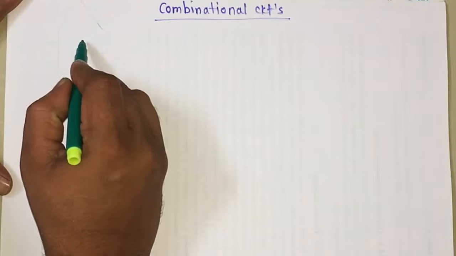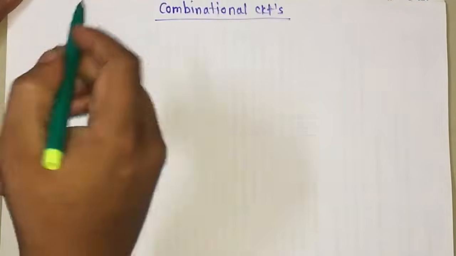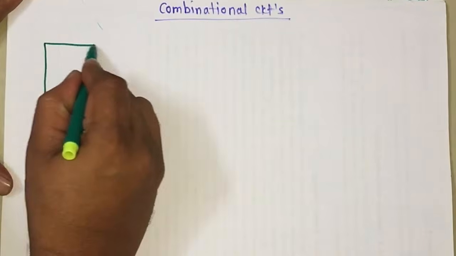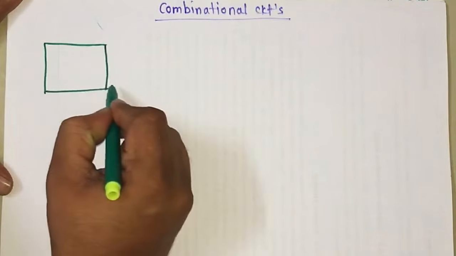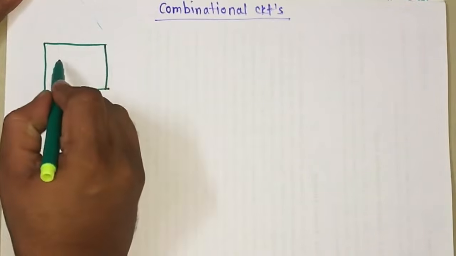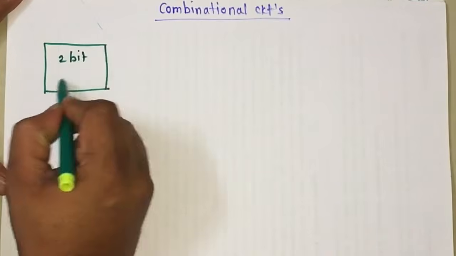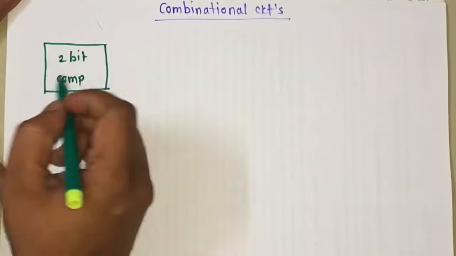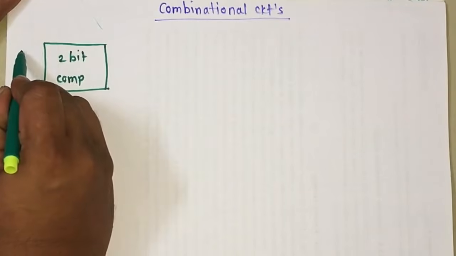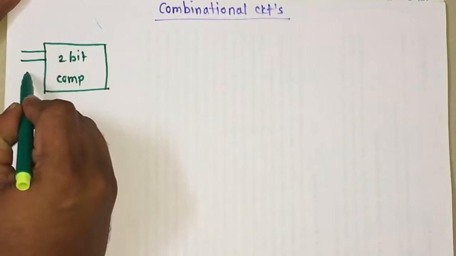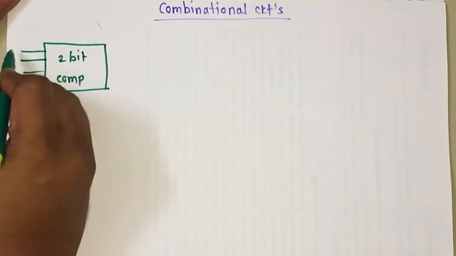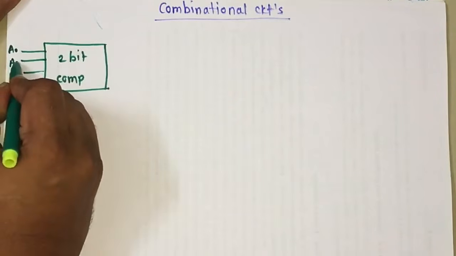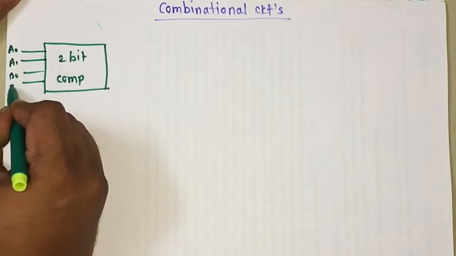For the 2-bit comparator, I will show it using a block diagram. How many inputs do we require? We require 4 inputs, because 2 bits are compared with another 2 bits. Let's consider these bits are A0 A1 and these bits are B0 B1.